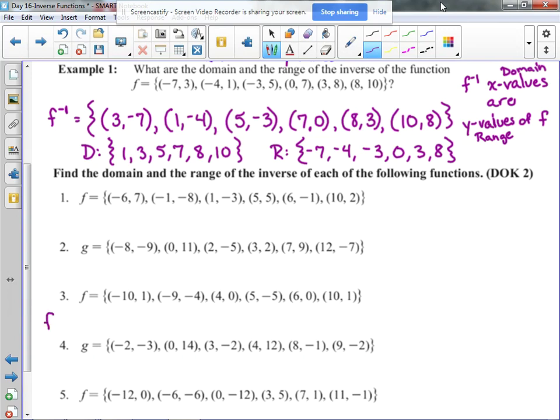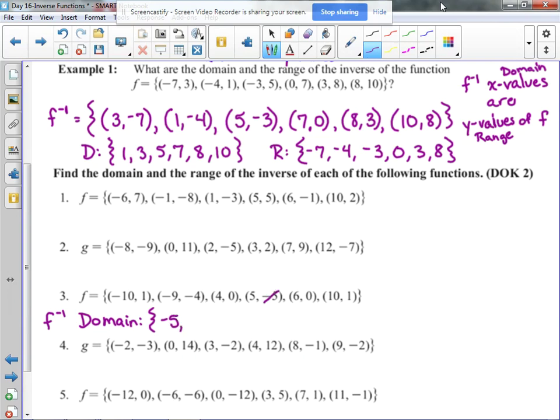So on number 3, f inverse domain, I'm not going to switch all the x's and y's just to save myself some room in writing and time. Okay, so the domain of the inverse are the y values of my original. I want to list them in order from least to greatest.